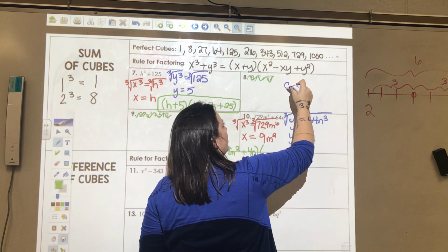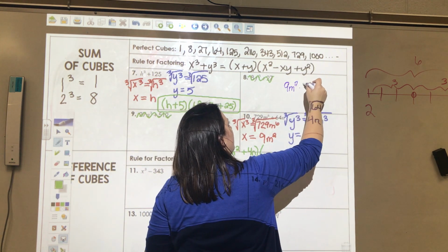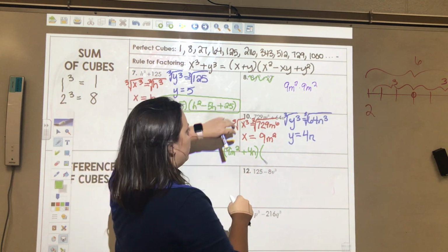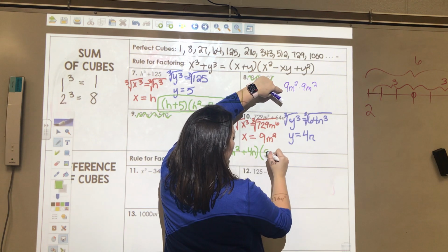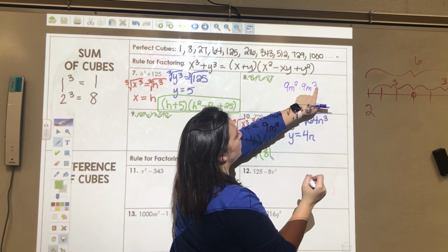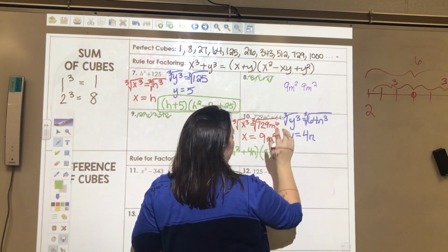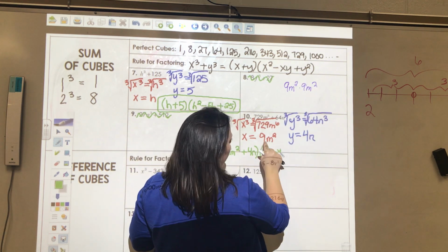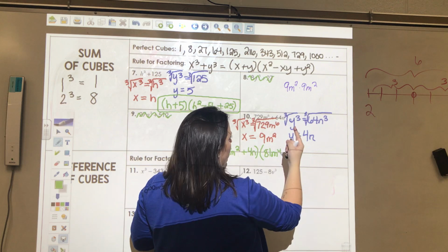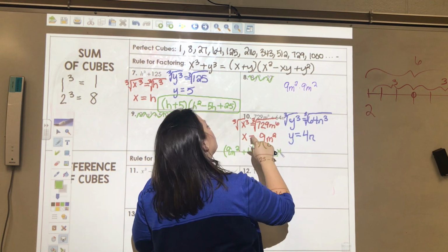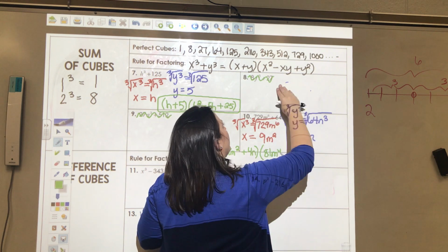So 9m squared raised to the second power is 9m squared times 9m squared. So 9 times 9 is 81. m squared times m squared is m to the fourth, because you add your exponents. So that's how you do 9m squared squared. Because it's telling you right here to do x squared. x is this, so we have to square this. Multiply it by itself twice.